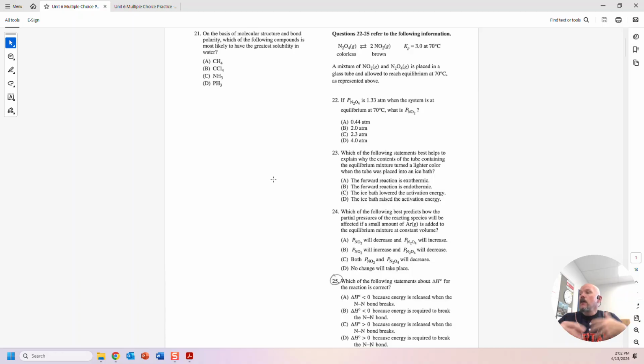Kind of like we did last week, we took a bunch of free response questions released from College Board to see how they ask Unit 6 stuff on there. We're doing the same thing, but with multiple choice. The main focus is going to be the thermo stuff, delta G, delta H, delta S, all that stuff.